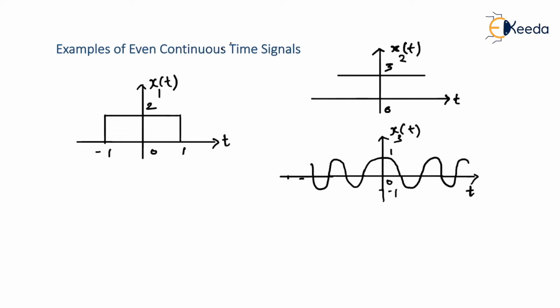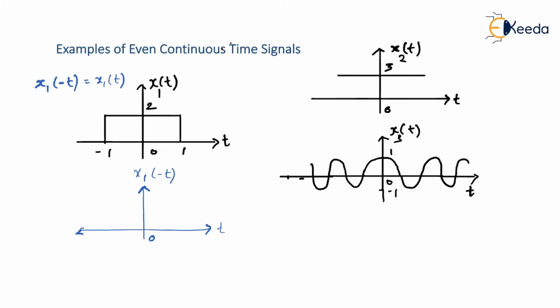We know that the x1 of t signal can be considered an even signal if x1 of minus t happens to be x1 of t only. So by property, if for x1 of minus t we get x1 of t again, then only x1 of t is called an even signal. Let us plot x1 of minus t. You know very well how to plot it using the time reversal property.